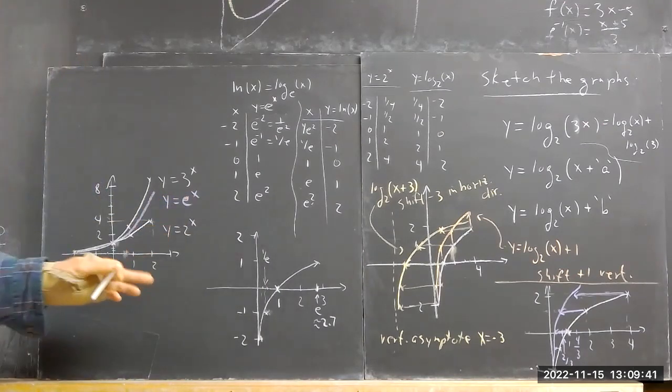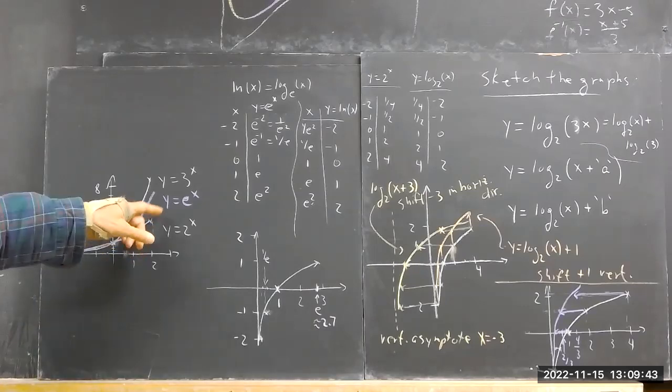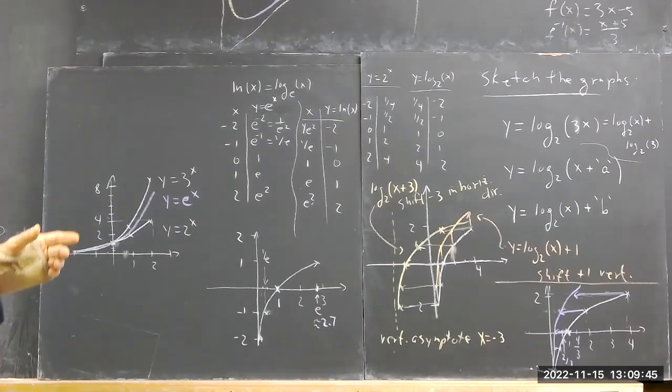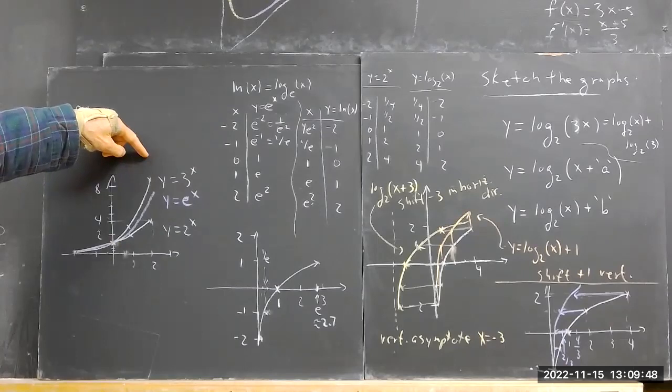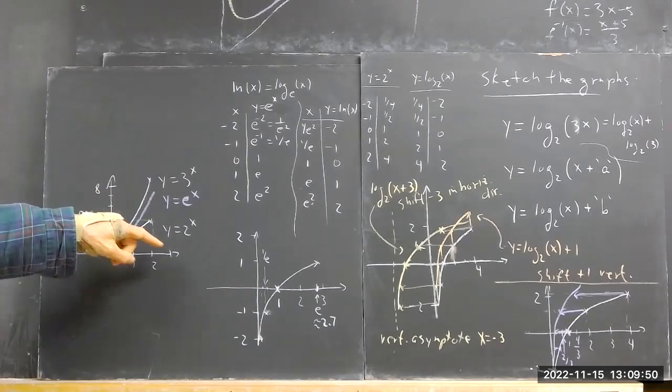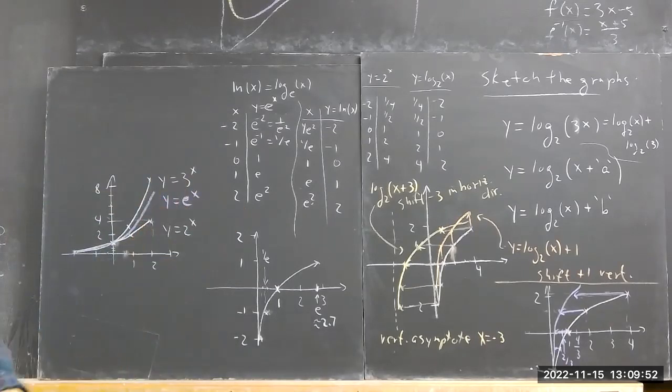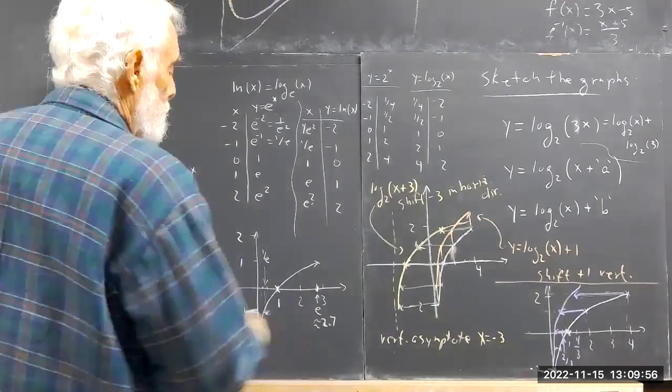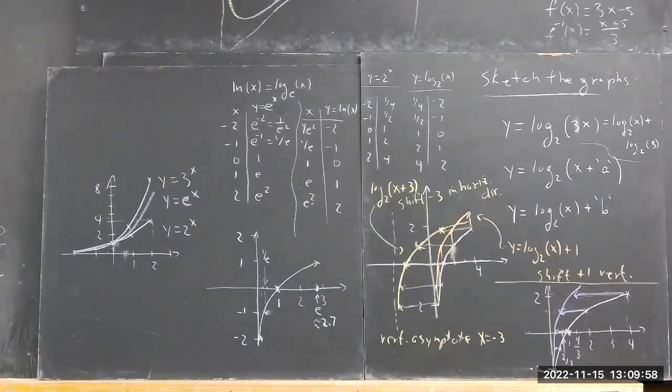If you want y equals e to the x, well, it's sandwiched in between these two. Over here, it's kind of hard to tell where it is, but here it comes up. And here you can understand that y equals e to the x is closer to 3 to the x than it is to 2 to the x, because e is closer to 3 than it is to 2, about 2.7. Okay. So there's e to the x.